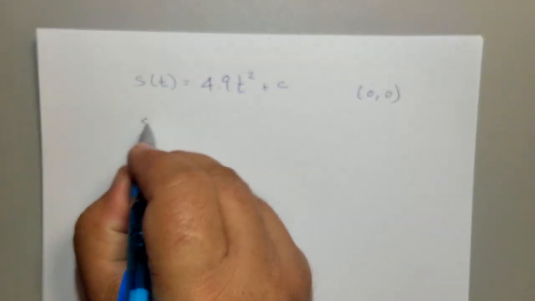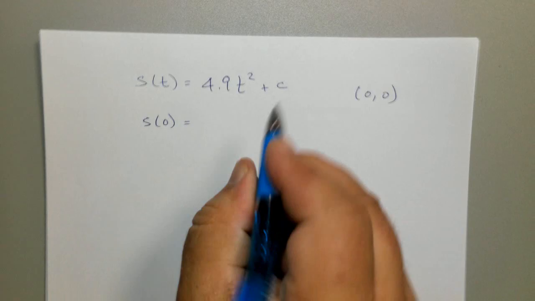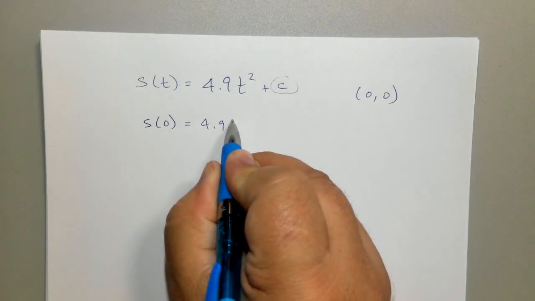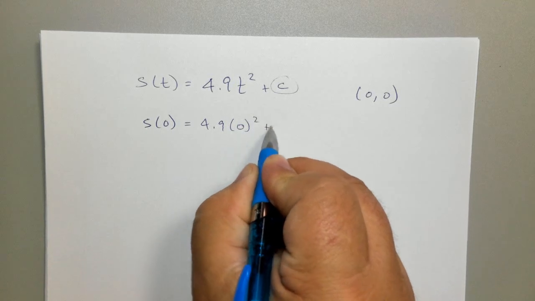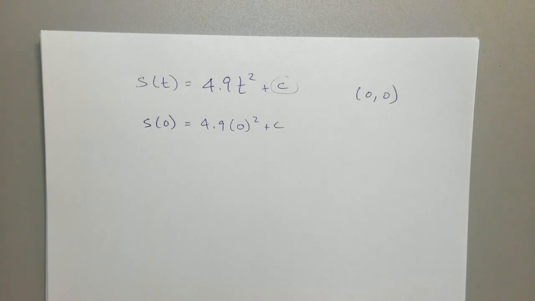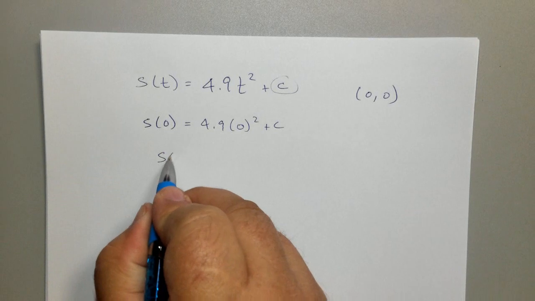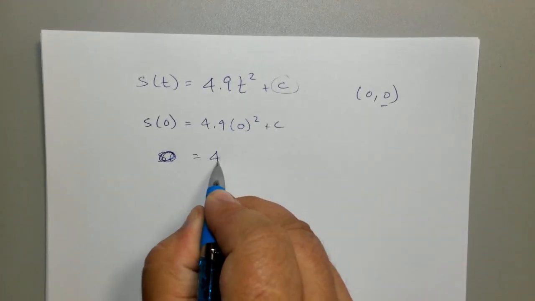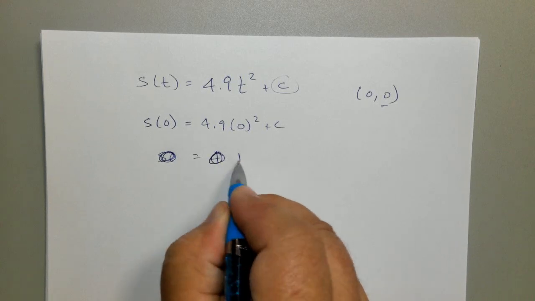At 0, what happens there? Because this is how we're going to find c. So at 0, 4.9 times 0 is 0.